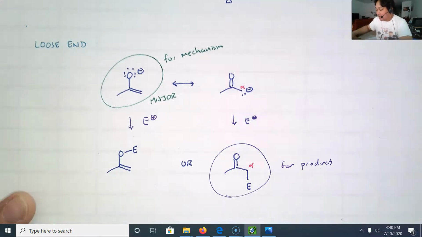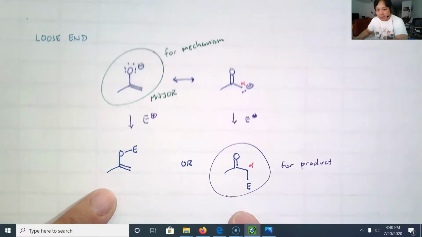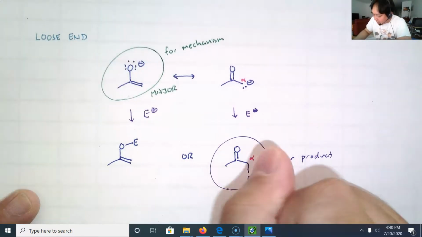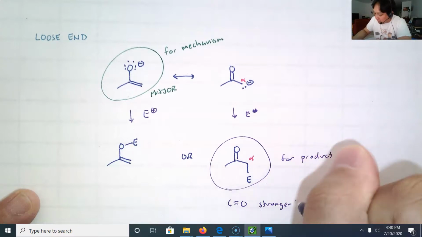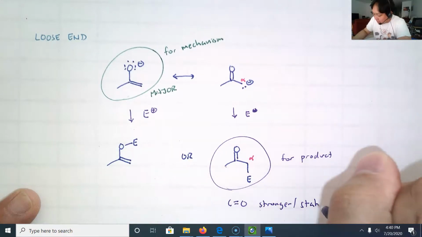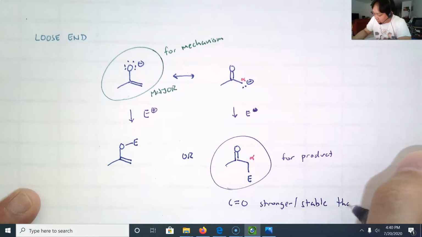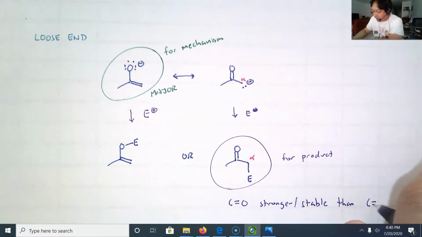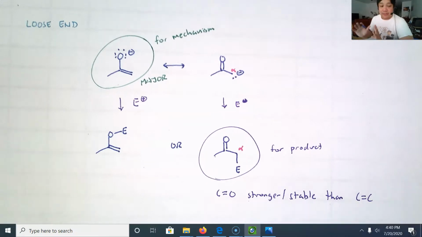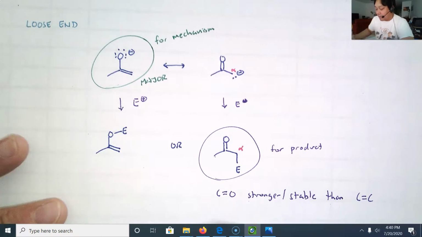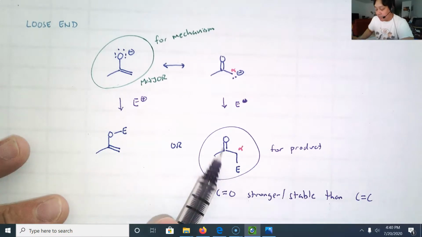That's because when you look at the final product, a C double bond O is stronger, more stable than a C=C double bond. So thermodynamically, and there are other reasons if you read the textbook, but the one that I remember is that thermodynamically, you want to make the carbon-oxygen double bond.